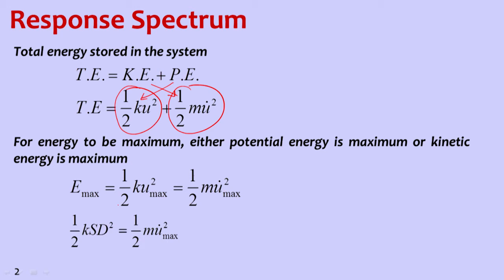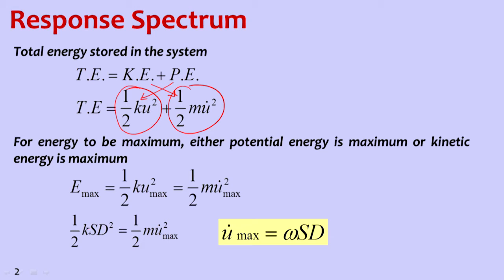So if we rewrite the above equation, u max is nothing but SD, the spectral displacement. So half k times the square of spectral displacement is equal to half m u dot max square. If I bring the m term below and strike off the half and half, we get k by m into SD square.